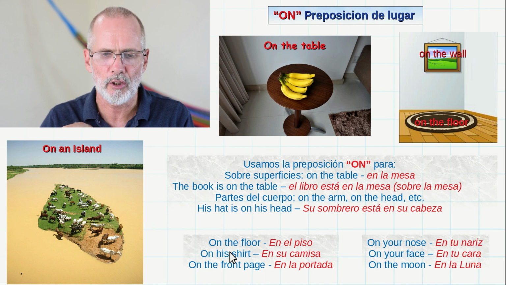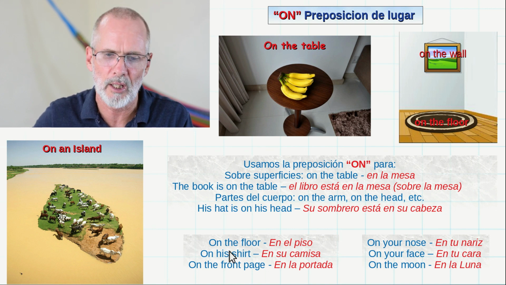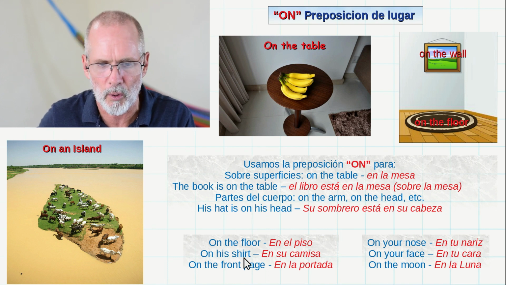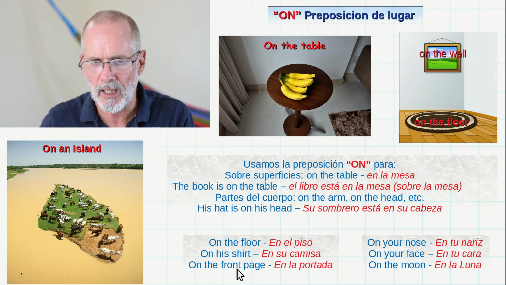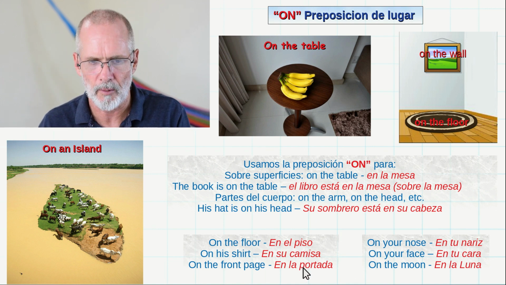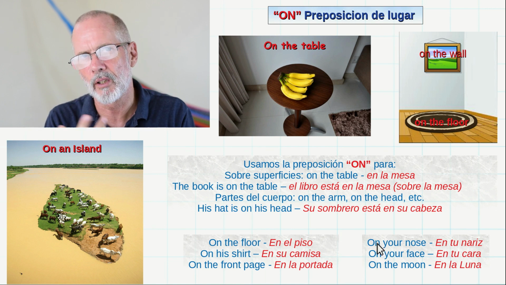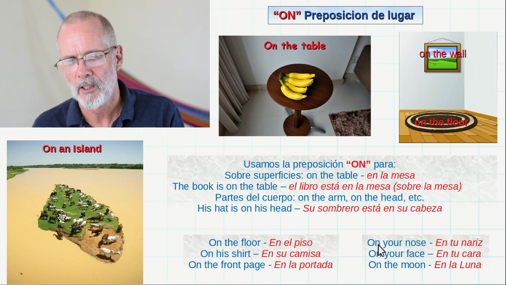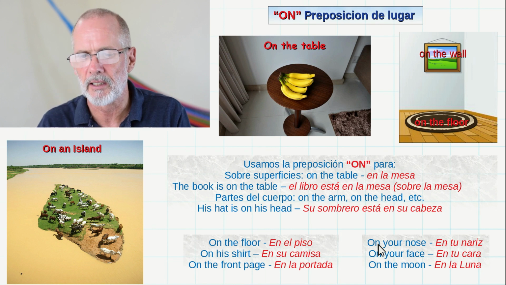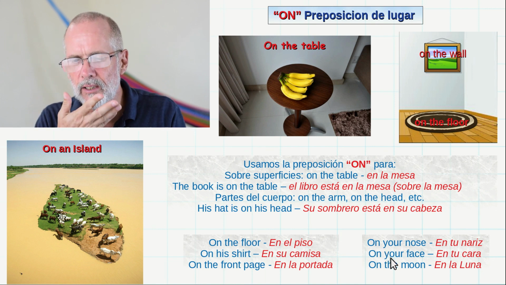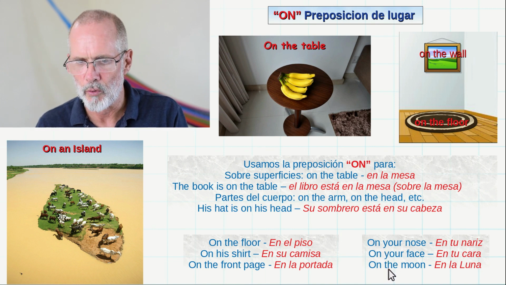On his shirt, superficie plana, o tal vez es como parte del cuerpo. On the front page, en la portada de un periódico, es una superficie plana. On your nose, bueno, no es una superficie plana, pero así decimos. On your face, on the moon.